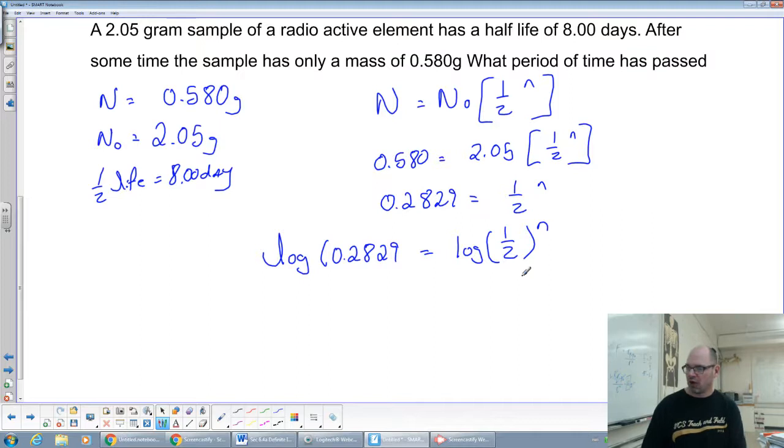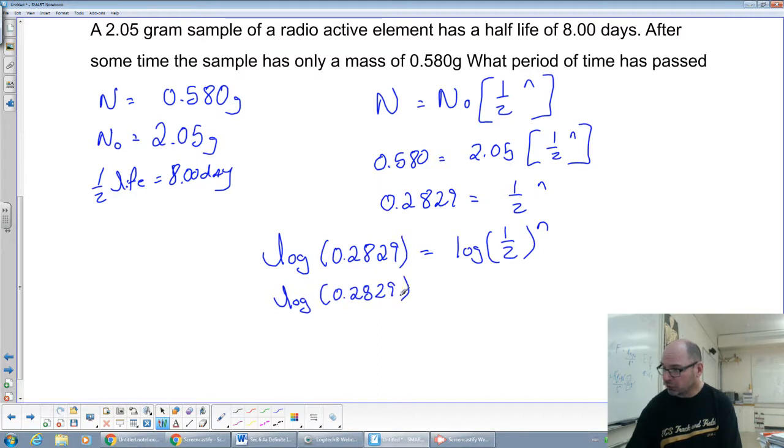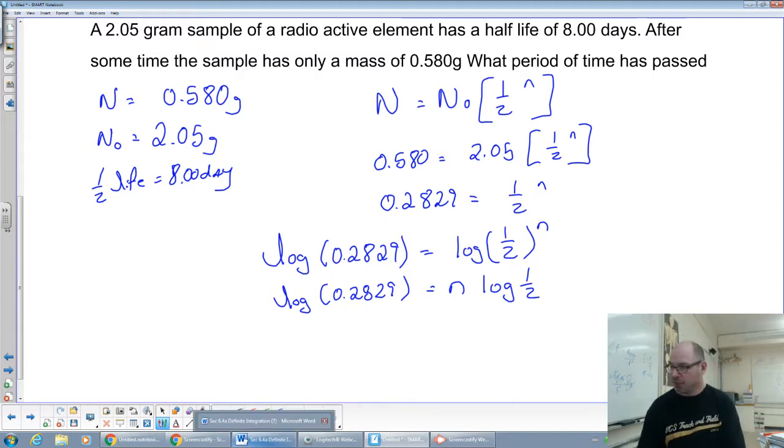Now if you know log equations, when you have a number in the exponent, you can bring it out front. So this is going to be n log 1/2, which is 0.5 if you like. So now we have an equation to solve for our value: the log of this divided by the log of 1/2 equals n.